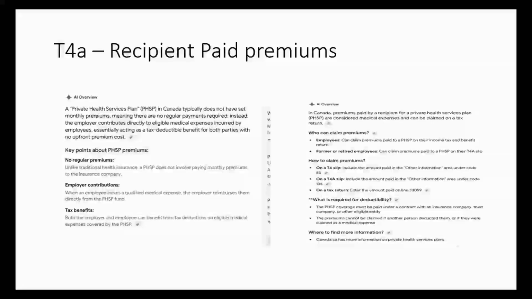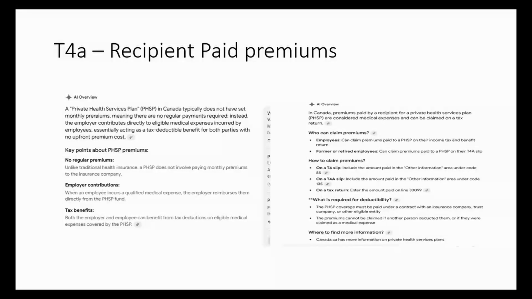Okay, so who can claim premiums? Employees can claim premiums paid to a PHSP on their income tax and benefit return. Former or retired employees can claim premiums paid to a PHSP on their T4A slip. How to claim? On a T4 slip, include the amount paid in the other information area under code 85.